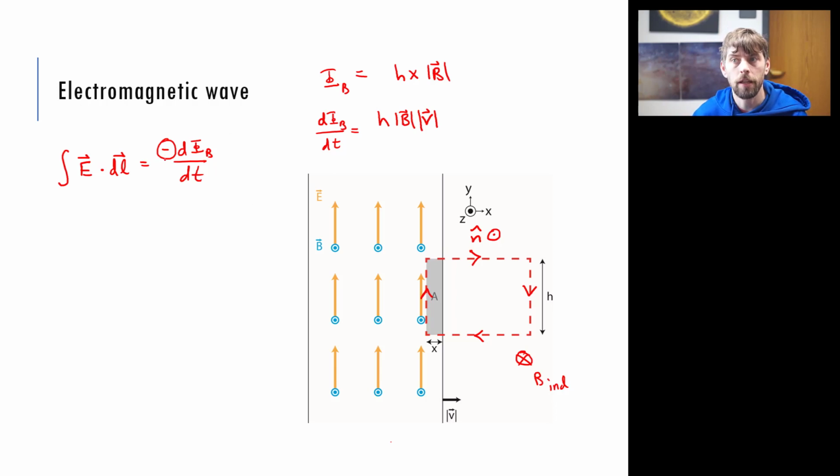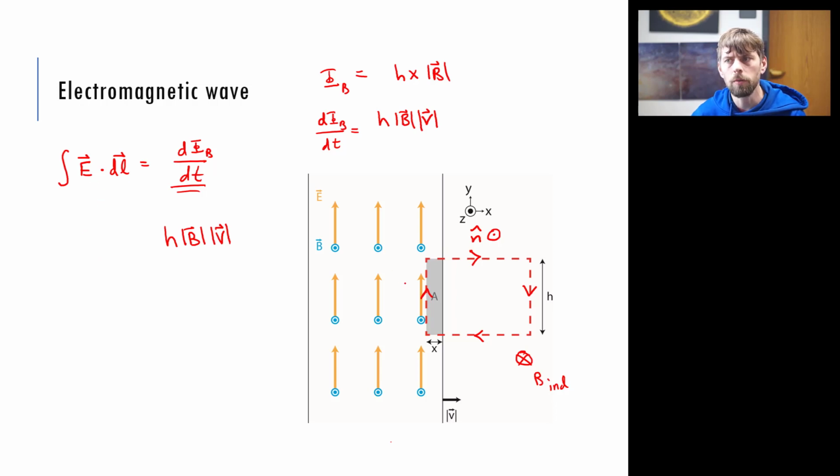Now I've substituted this in. We have h times B times v. And now I wish to actually determine this side.